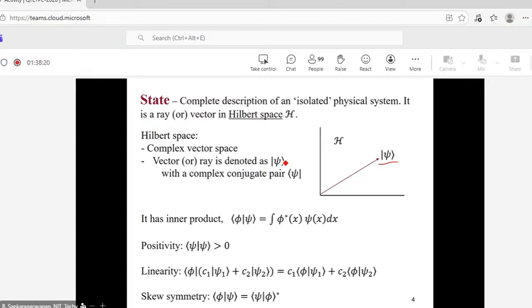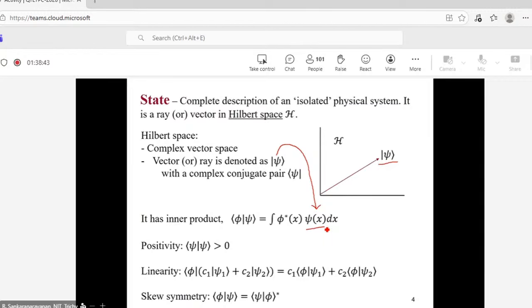When you have a state psi, I can always give a representation to it. If I give a position representation, I will write the same state as psi of x. Similarly, I can give any representation.